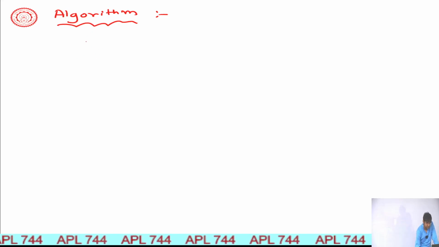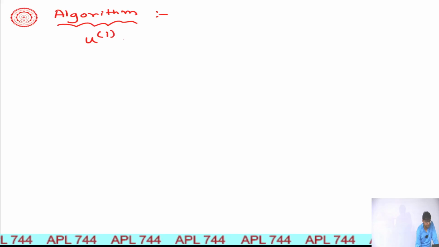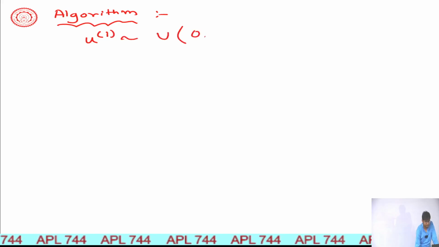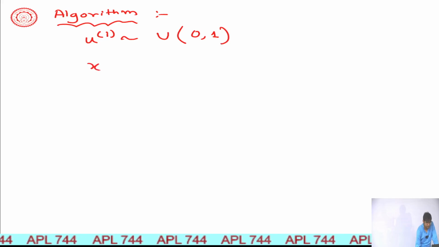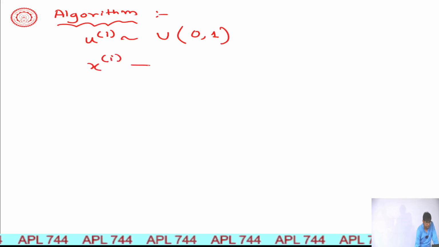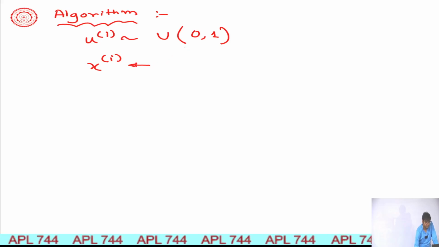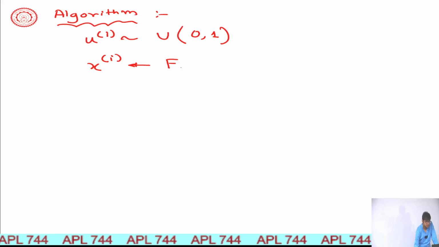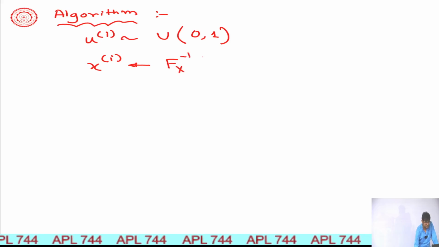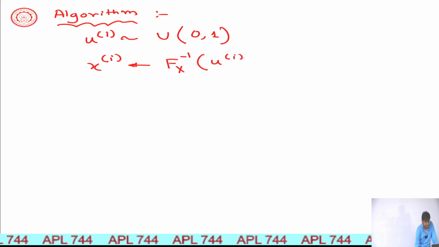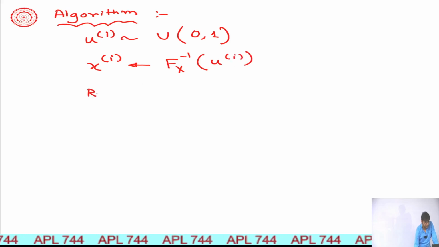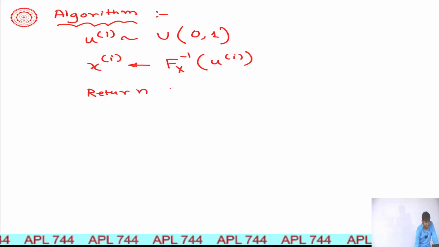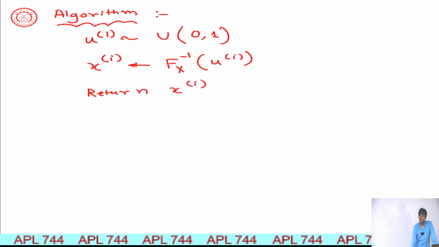First you sample u_i from uniform, and then you have x_i equal to F_X inverse of u_i, and you return x_i. The simplest possible algorithm there is. First line you sample from uniform, second line you transform it.